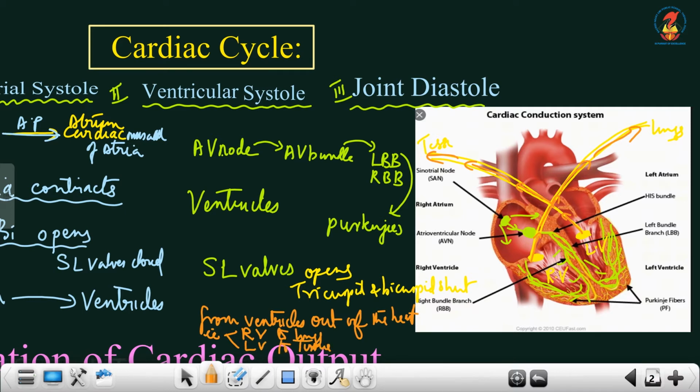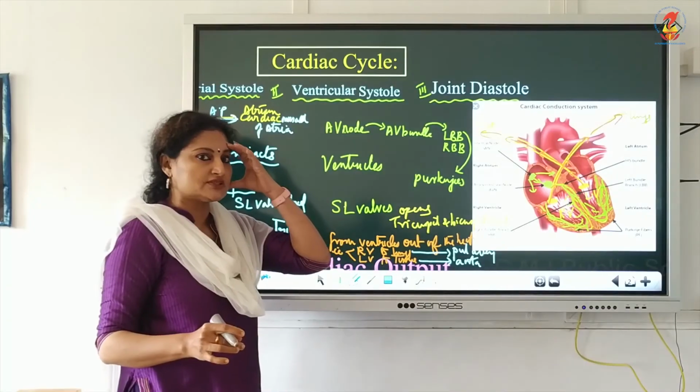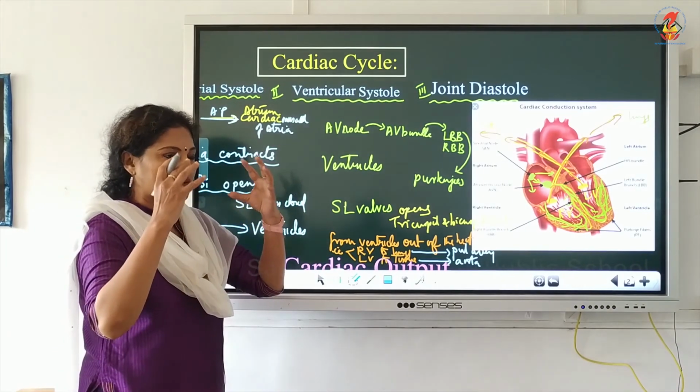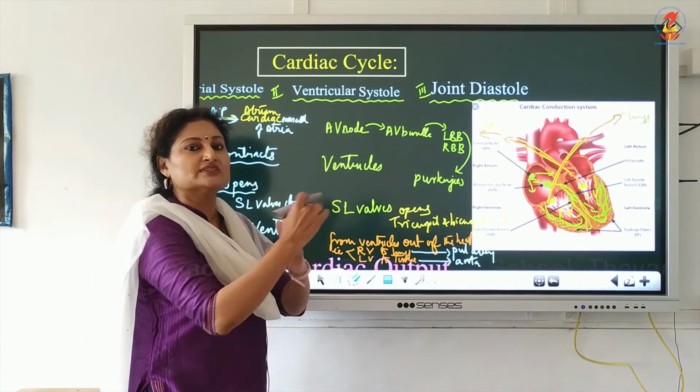You can be even more specific by saying via which blood vessel: from the right ventricle to the lungs via the pulmonary artery, and from the left ventricle to the tissues via the aorta. So there you can make it specific. If you have this in your mind and visualize and trace, you'll get all the points, and all the points are connected.